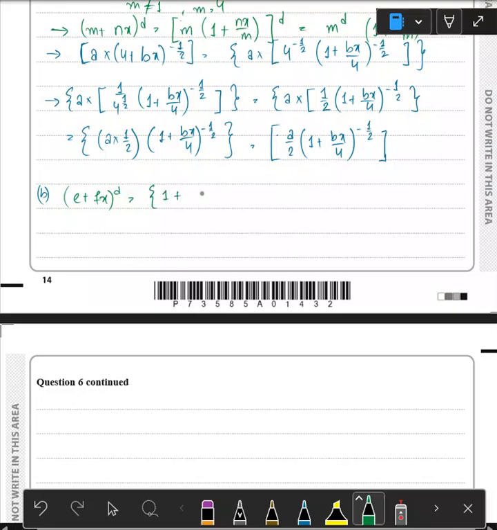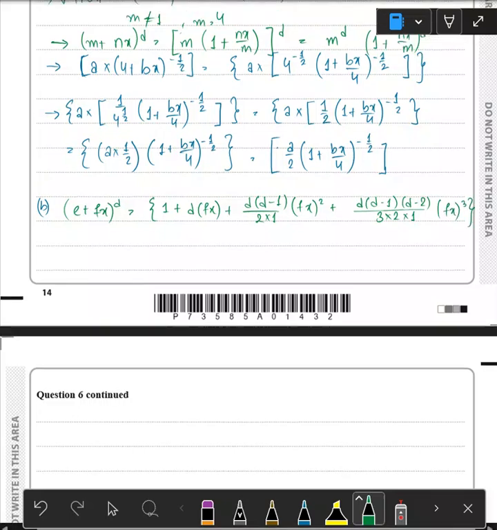So 1 plus d multiplied by fx, plus d multiplied by d minus 1 divided by 2 multiplied by 1, multiplied by fx whole square, plus d multiplied by d minus 1 multiplied by d minus 2 divided by 3 multiplied by 2 multiplied by 1, multiplied by fx to the power 3.